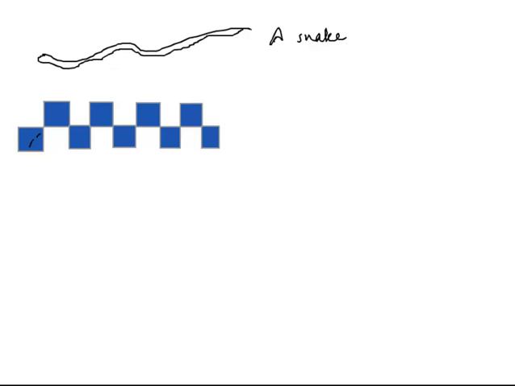It moves like this. You can take these points, and this is the wave-like motion of a snake, and it moves forward like this. So in this way the movement of the snake takes place.